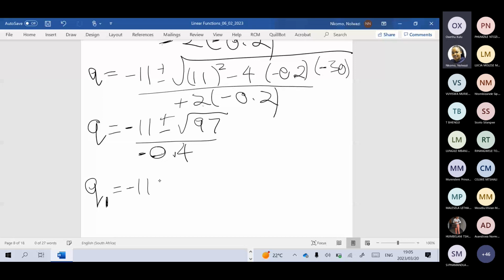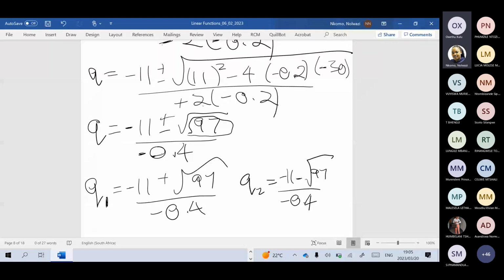In those two values is where you will find the break even.